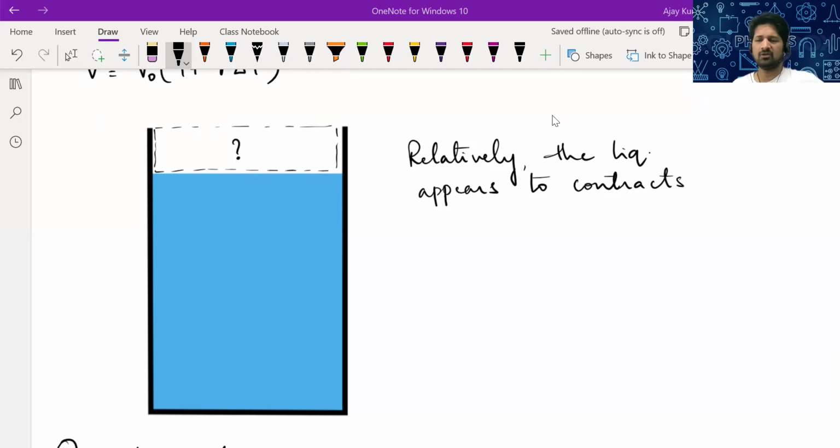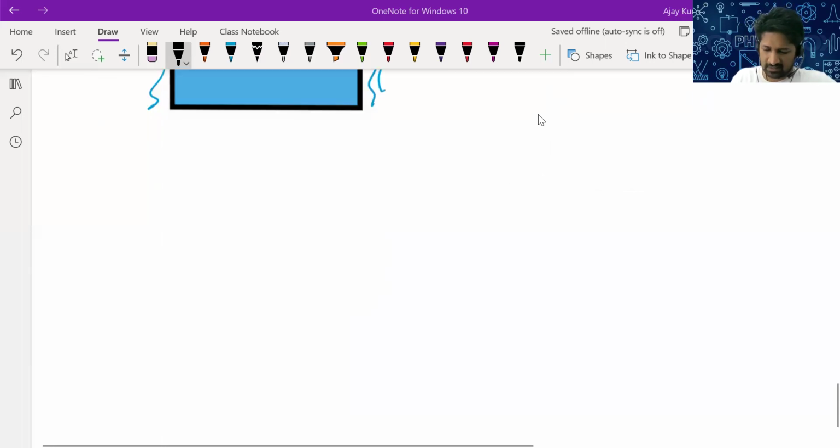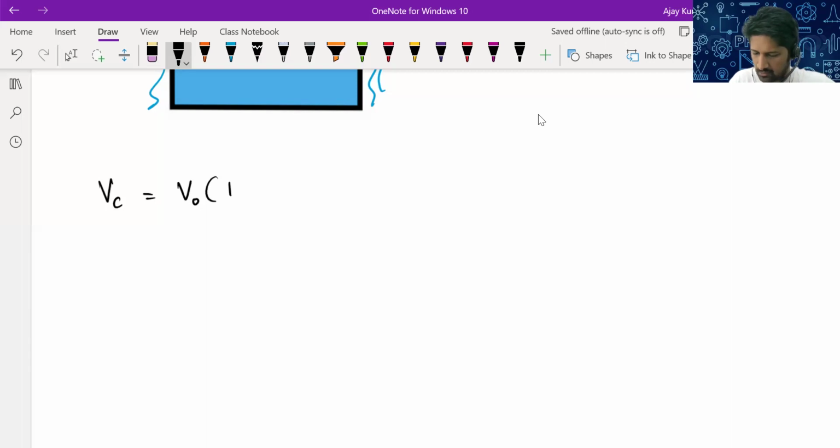Very simple. Volume of container minus volume of liquid will give you the volume of that empty space. That's all. Okay. So we can write final volume of container is initial volume into 1 plus gamma of container delta T. And final volume of liquid is initial volume of liquid. Initial volumes were same. Okay, we assumed that initially the container was fully filled with the liquid.